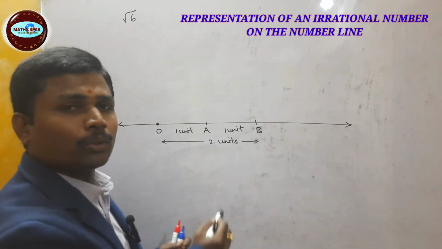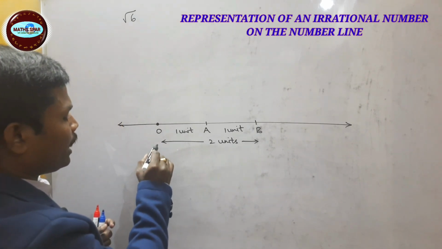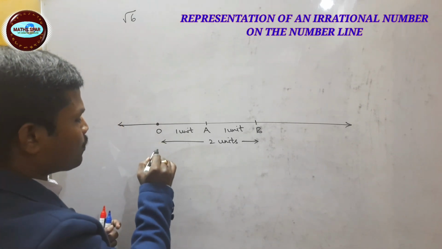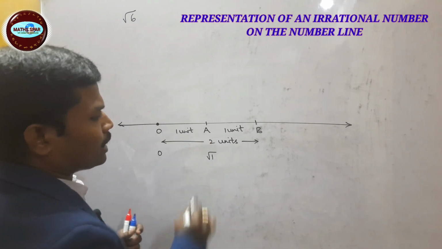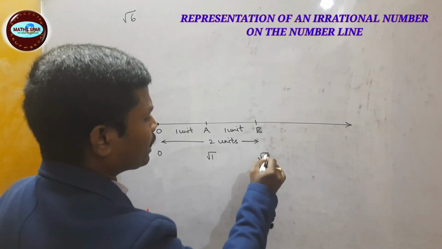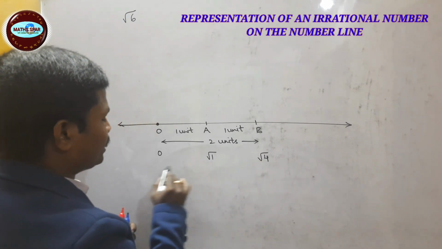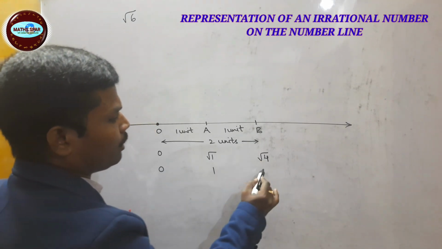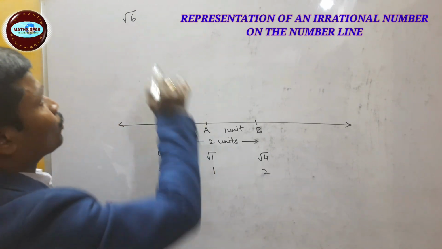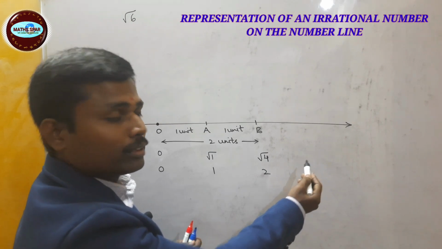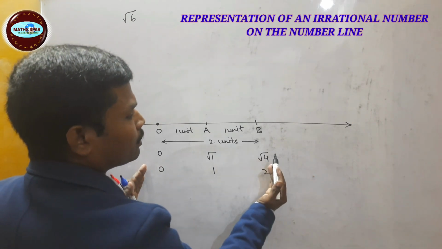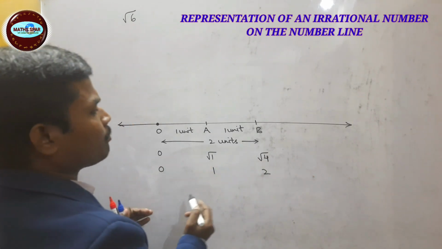Why do we need to take 2 units? Here the place at which we begin is 0. A can be considered as root 1, B can be considered as root 4, which is nothing but 0, 1, 2. So root 6 will definitely exist after root 4. That is the reason we have to take 2 units at a time.